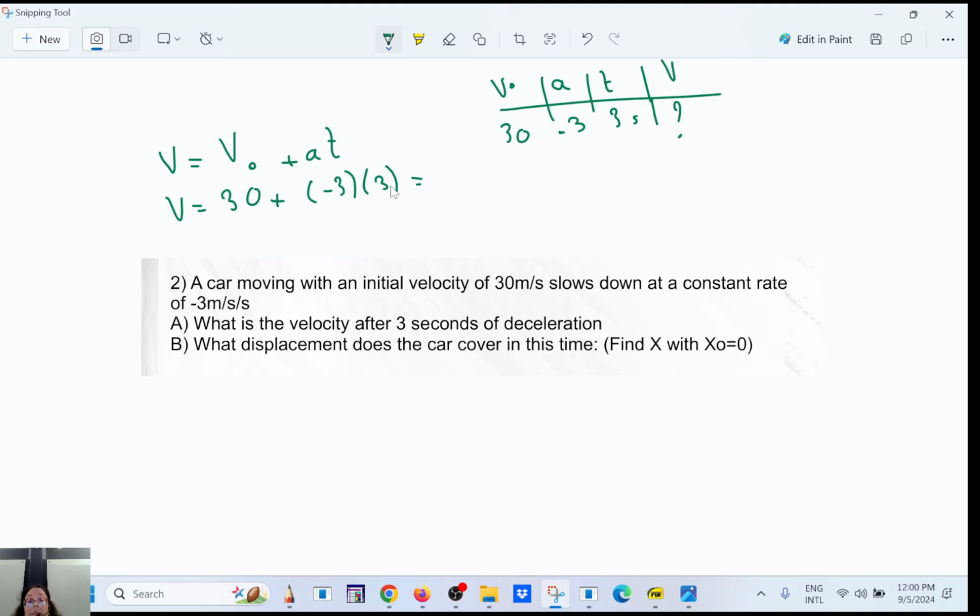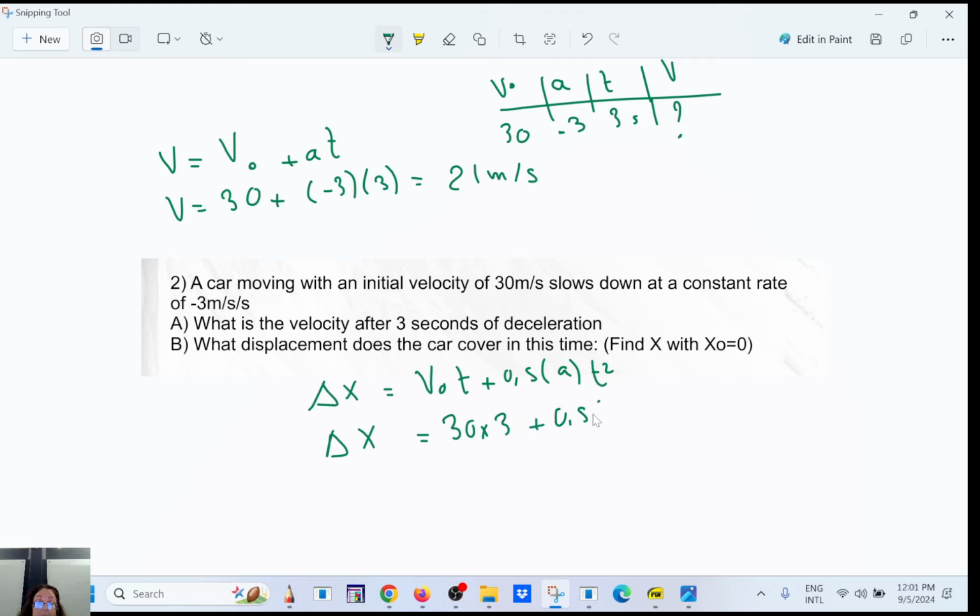So how much is that? 21? Oh, you're right, 21. Do you agree? Okay, what is the displacement? So you can use this one if you want. Initial velocity 30 times 3 plus 1 half acceleration minus 3 squared.